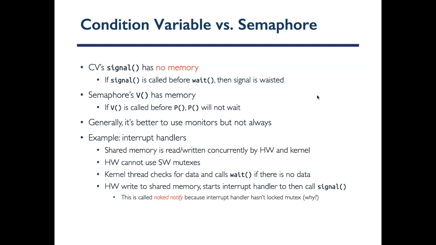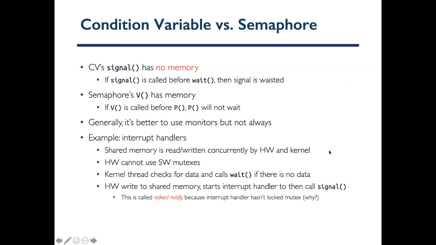Let's say this is an interrupt handler, and we talked about the fact that the interrupt handler cannot use the mutex because, when somebody else has that mutex, the handler cannot be suspended. Because it cannot be suspended, it cannot use the mutex. So without the mutex, you can signal inside your interrupt handler.